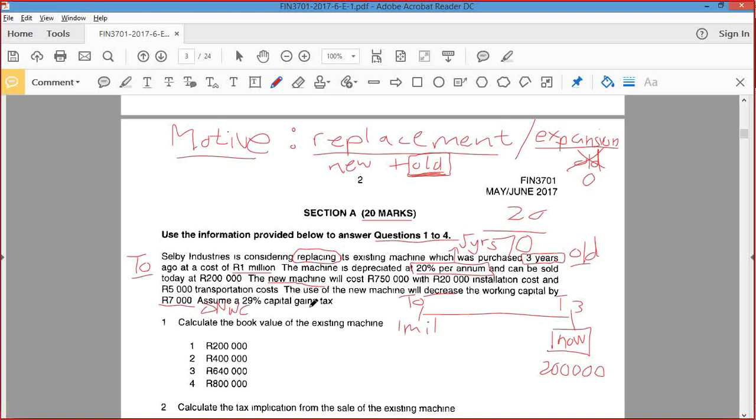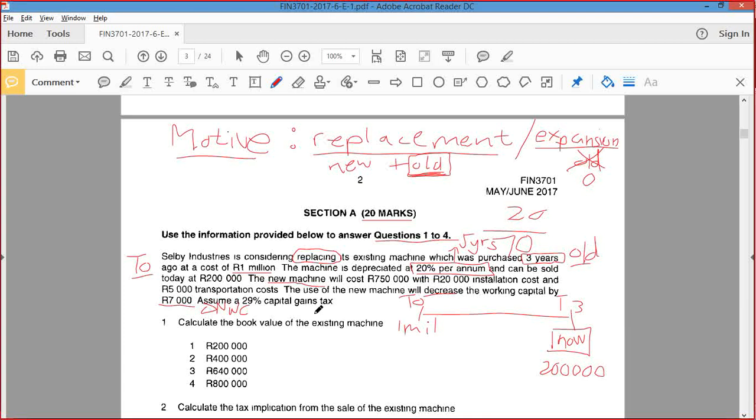This is applicable for the CGT. What is the difference between the two types of cash flows? Relevant cash flows affect decision making.